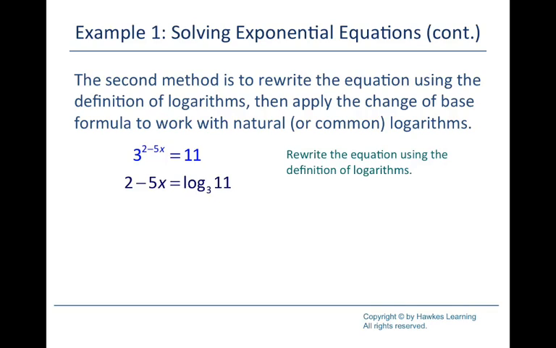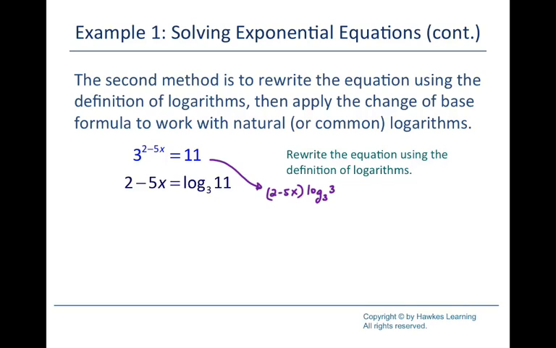So here you took the log of both sides. Now, let me just show you what they've done, because they kind of don't show it. From here, what was done was you had 2 minus 5x times the log base 3 of 3.